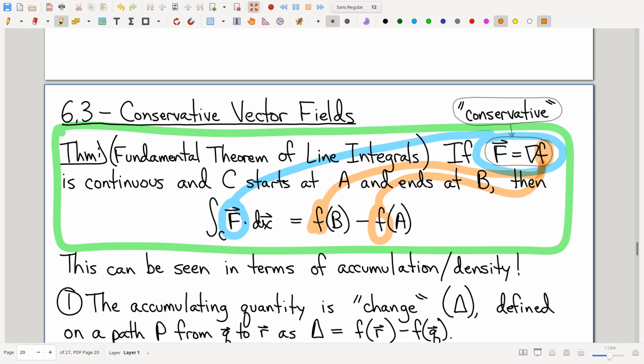I like to point out at a time like this that we already have a word for a vector field that is a gradient. The word is gradient. Right? Boom, right there. We didn't have to make any efforts for that. So you're going to hear engineers and physicists use this term conservative. You're going to hear me just say gradient because it's easier.